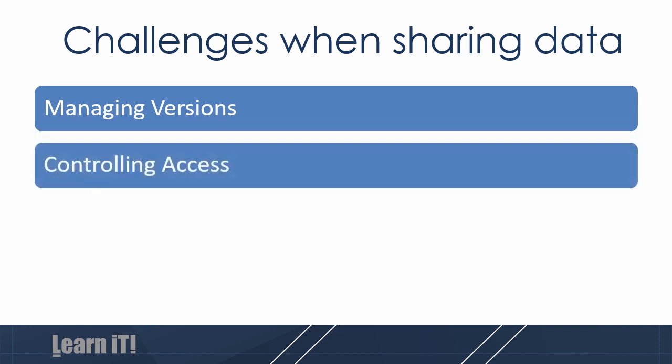How about controlling access? Making sure that only the right people have access to a file. When we talk about file shared network drives, for example, oftentimes that's carte blanche access. If you have access to the internal network, you have access to those shared network drives. Now, of course, IT departments can and usually do restrict access depending on who you are.